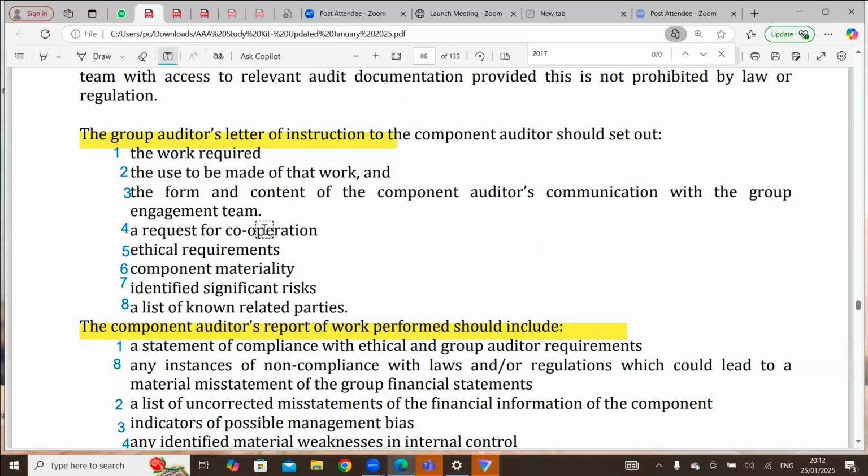And then we also have November 2019 question 2.